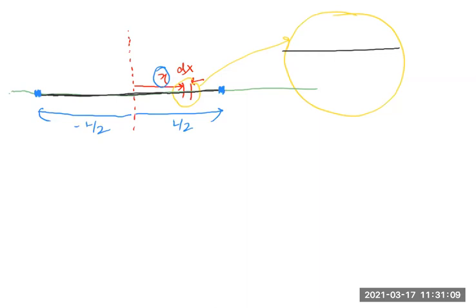If we do L by 2 for both, then we are actually not differentiating. We are taking the same object on both sides, and both cannot be the same object. I hope this is clear.